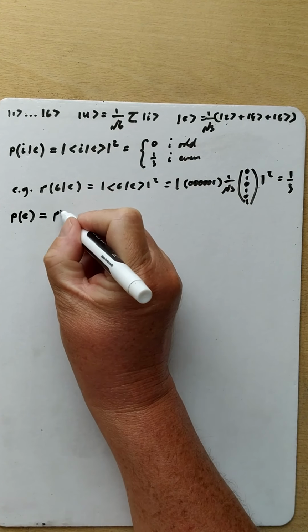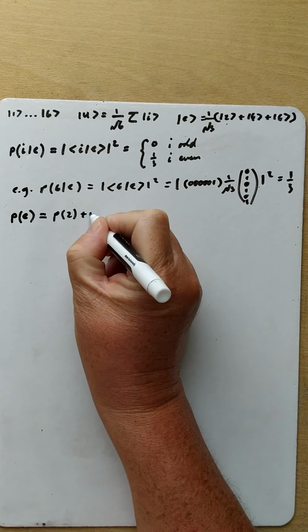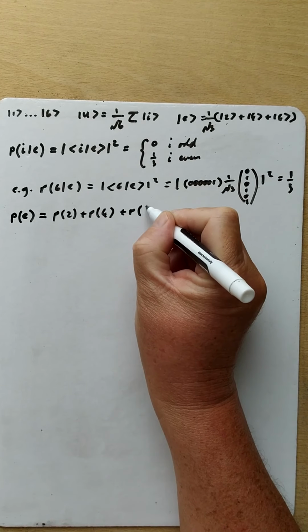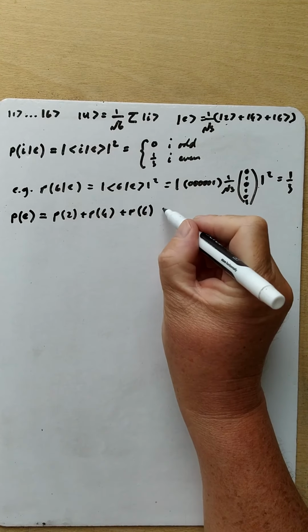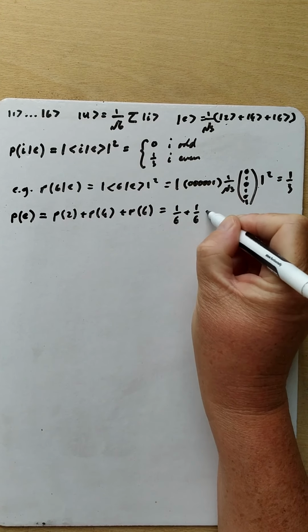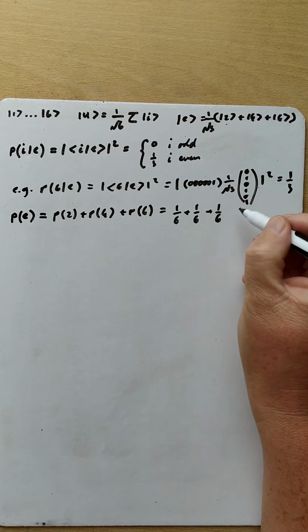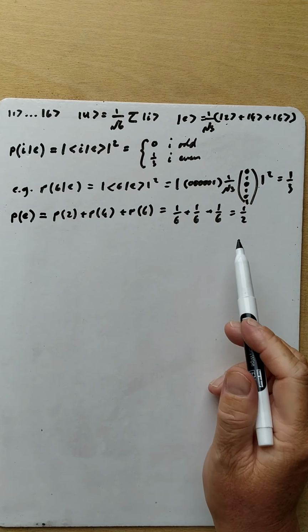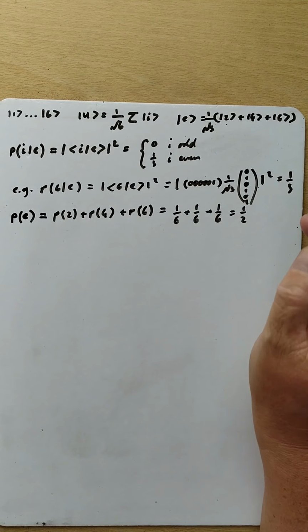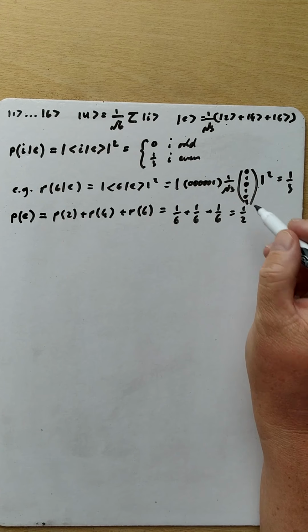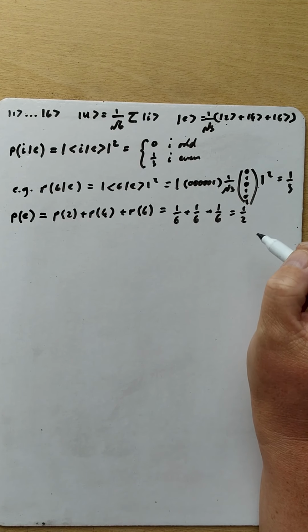So it's the probability of throwing a 2 plus the probability of throwing a 4 plus the probability of throwing a 6. And each one of those is a sixth, which is 3/6, which is a half, which is exactly what we would expect. Half of the values are even, so we would expect there to be a 50-50 chance of throwing an even or an odd state.